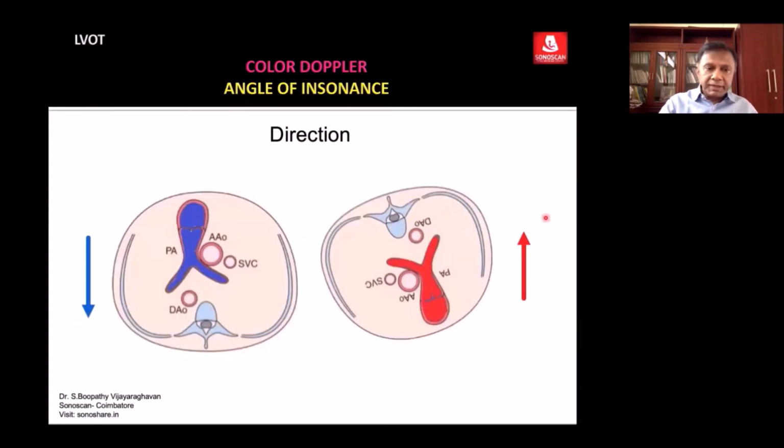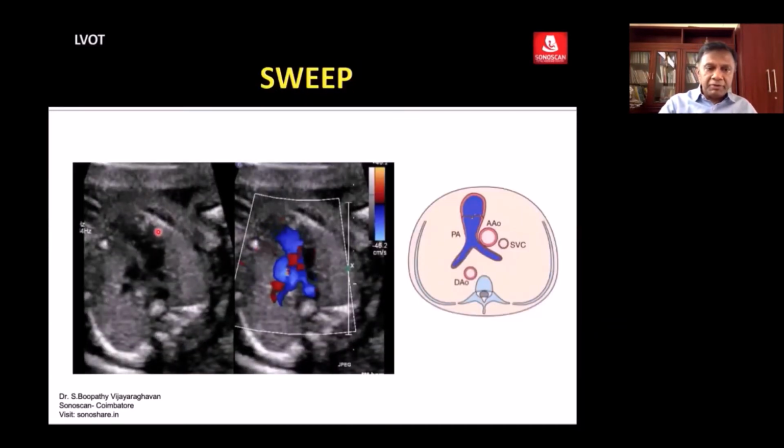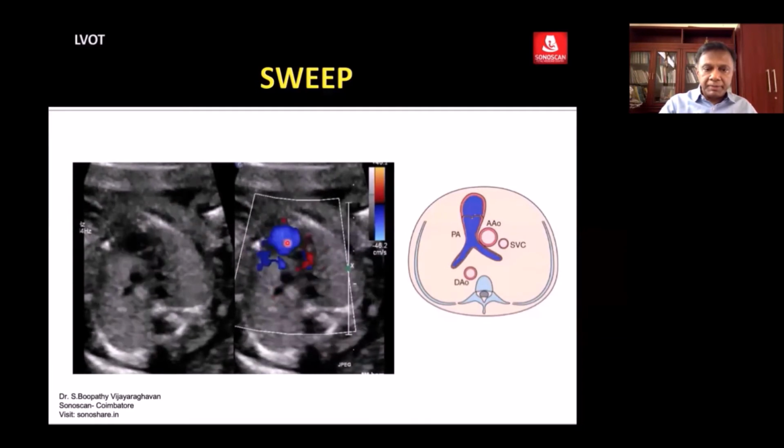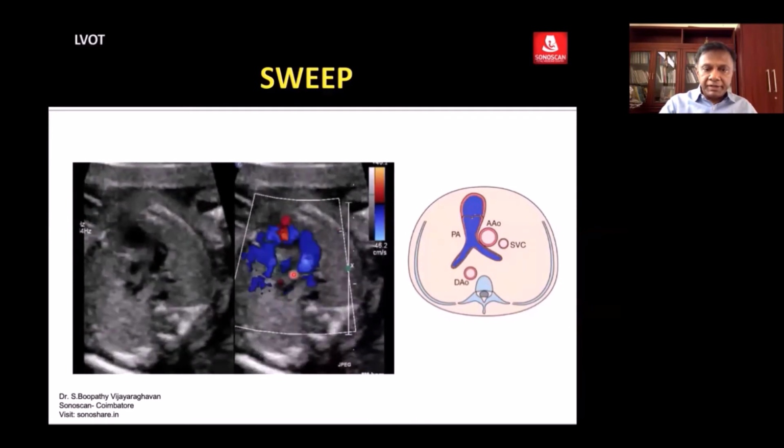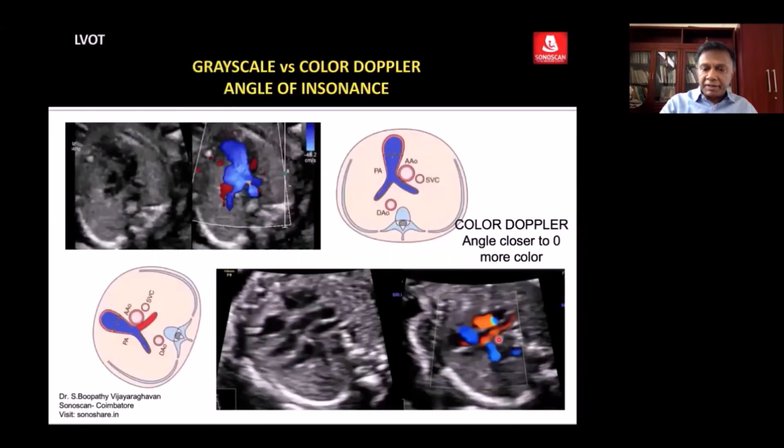When you make a sweep, then you see, as I told you, the pulmonary artery bifurcation. Now I want to explain in more detail, from the LVOT, when I go up, you see the pulmonary artery dividing into the two branch pulmonary arteries in opposite colors. Because on the right, the flow is towards the transducer, so it is red.